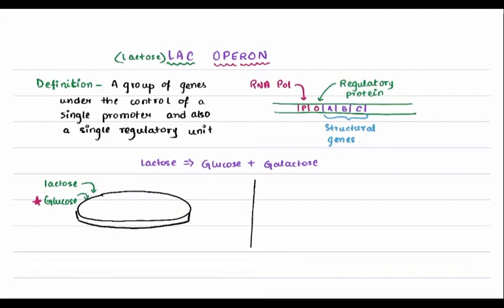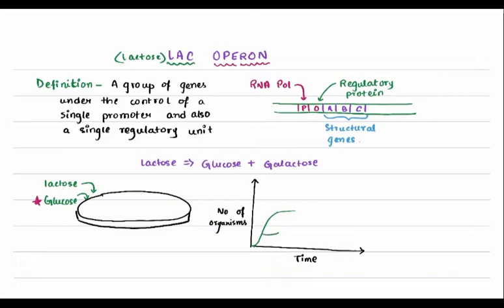So there would be a graph. If we plot this onto a graph, let's say this is time and this is the number of organisms, the number of bacteria that are growing over time, we would get a curve like this, which would eventually flatten out, but it won't go to death.